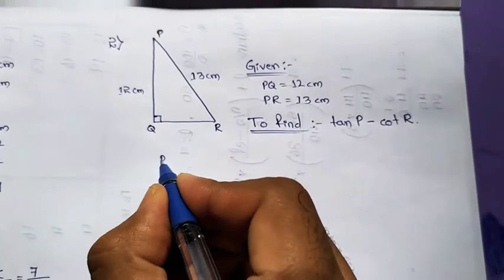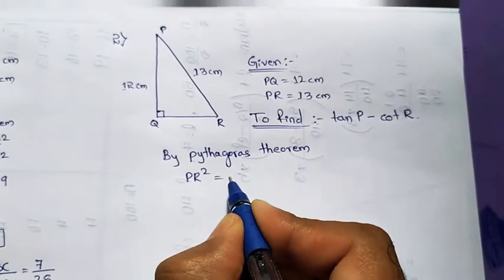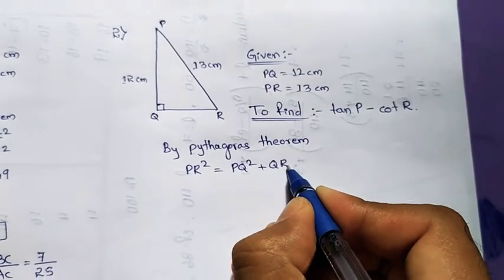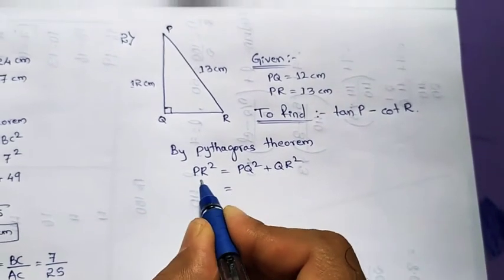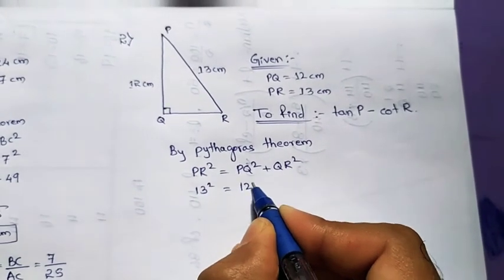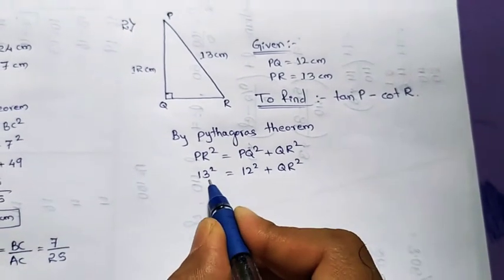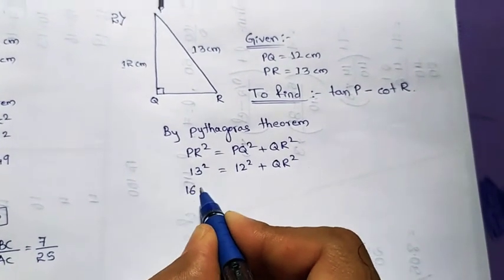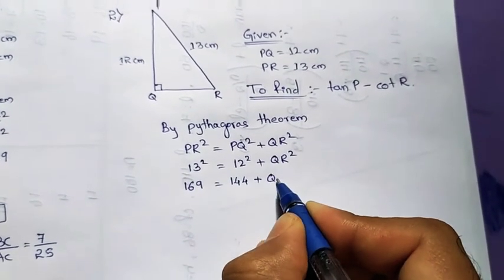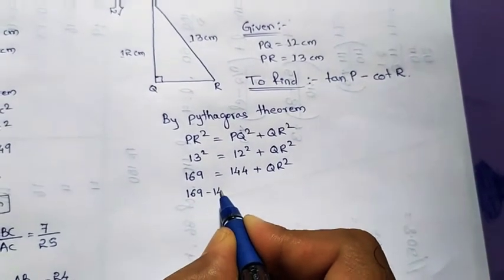So by the Pythagoras theorem, PR square equals PQ square plus QR square. PR is 13 square, PQ is 12 square, and QR we don't know. So 13 square is 169, and 12 square is 144 plus QR square. Taking 144 to the left side, it becomes minus.